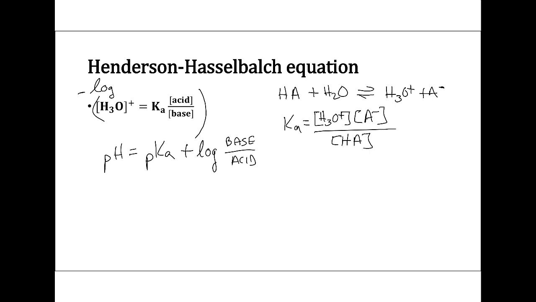And this should make sense because the base is our products over reactants. So this is known as the Henderson-Hasselbalch equation. Sometimes it's useful, but you have to know which particular cases you can use it in. So I typically just use a Ka or a Kb expression like we've done on the last two problems.